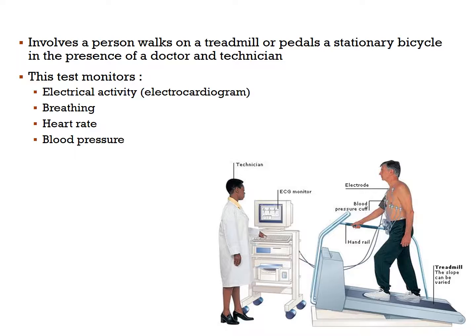This exercise stress test will involve a person walking on a treadmill or pedaling a stationary bicycle in the presence of a doctor or a technician. And this test will monitor the electrical activity, the breathing rate, the heart rate, and the blood pressure.